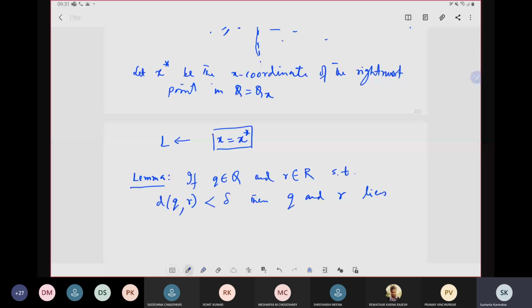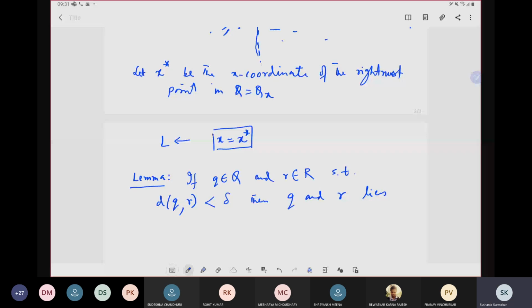So what does this mean? What is delta? Delta is the closest distance in this region and the closest distance in this region. I should not say closest pair. Delta is the minimum of these two distances.